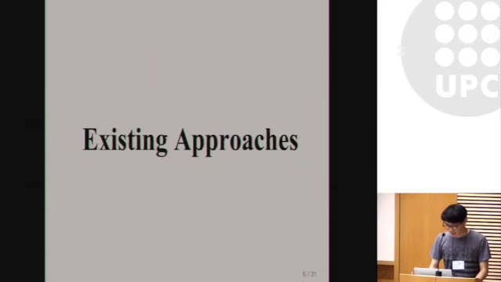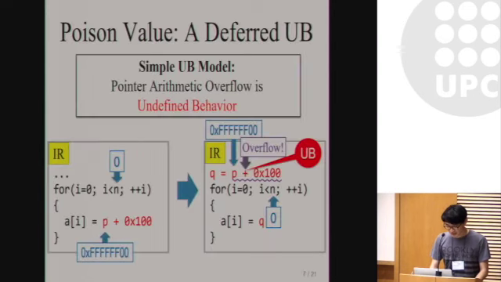Now let me explain how LLVM is handling this problem. To see this, let's look at the problematic example of loop invariant code motion again, where undefined behavior appears in the target program. The reason for this optimization being invalid is simply because pointer arithmetic overflow is defined as undefined behavior.